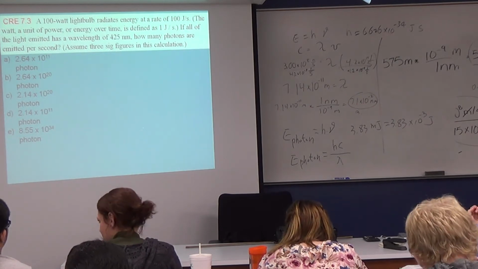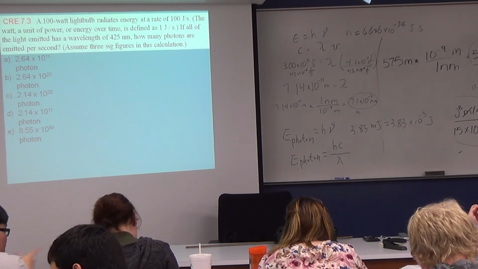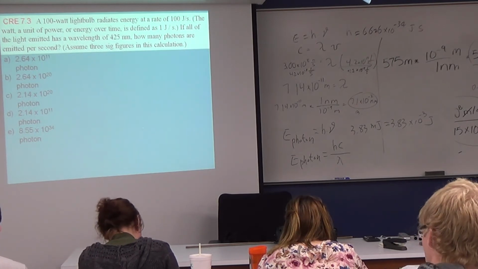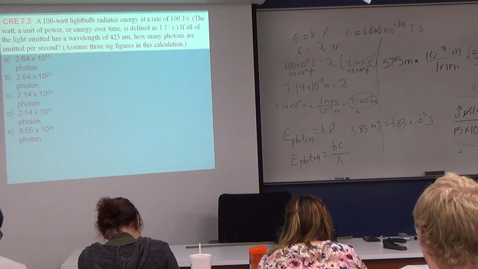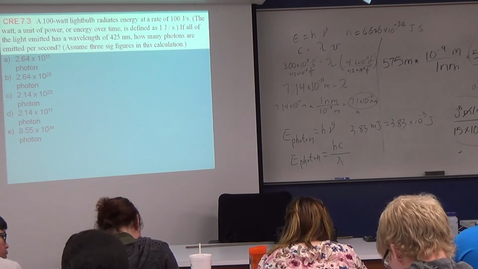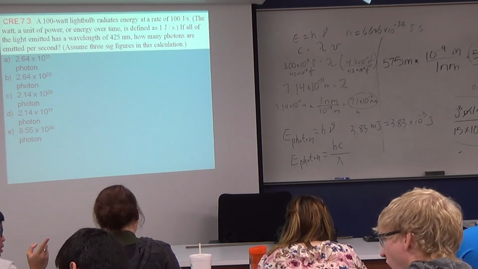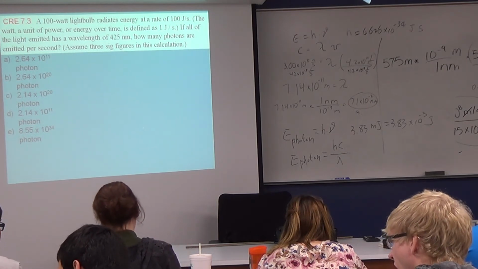So now we think of one second as 1 pulse. So in that 1 pulse we have 100 joules. So 100 joules equals x times the number you get.